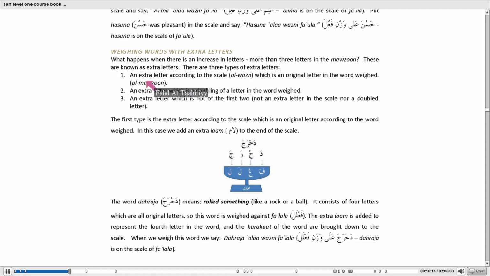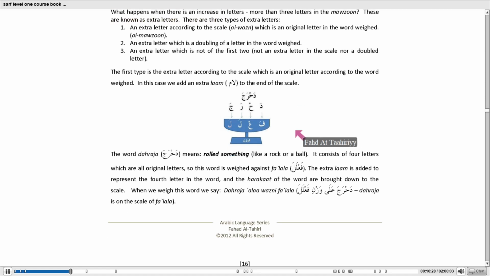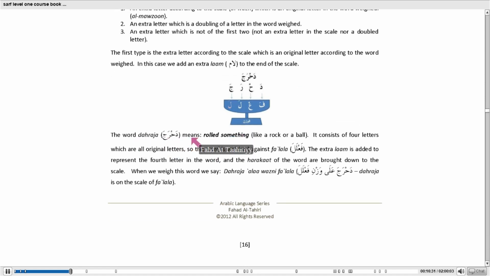That's why he told you here: the first type is the extra letter according to the scale, which is an original letter according to the word weighed. In this case, we add an extra lam to the end of the scale. The word dahraja means rolled something, like a rock or a ball.